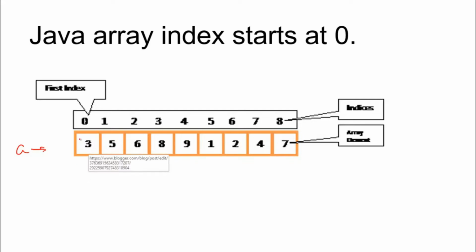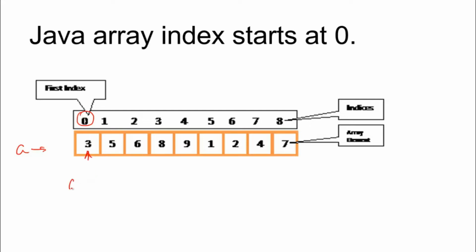It will always start the index from 0: 0, 1, 2, 3, 4, 5. So 0 indicates the first element of the array. This is called the index and this is the value.